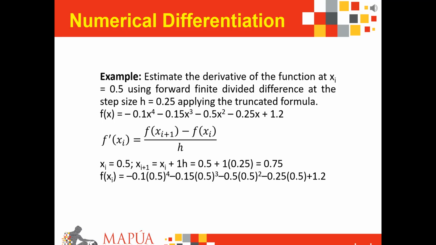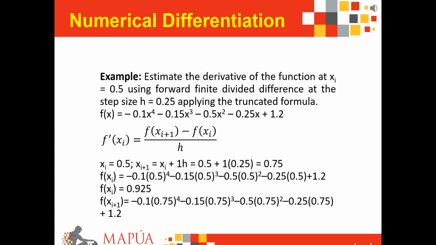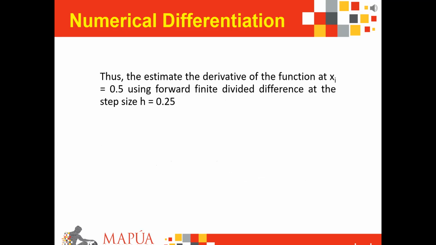Note that when we substituted xi to your given function, it gave us a value of 0.925. Substituting now xi plus 1 to your function gives us this solution with a value of 0.6363. Thus, when applying the forward finite divided difference truncated version, you'd end up with this solution with a derivative estimate value equal to negative 1.1547.